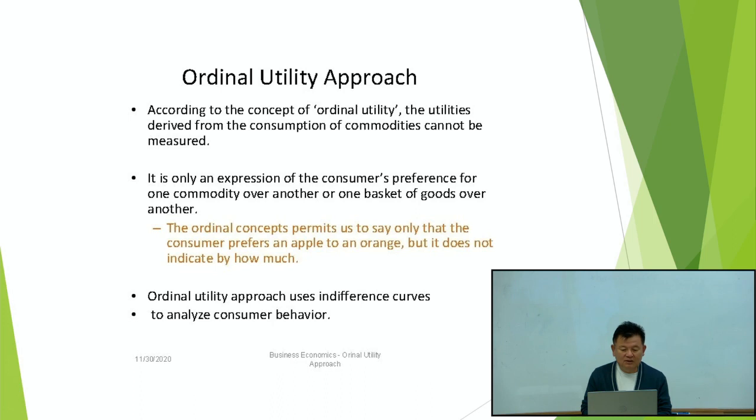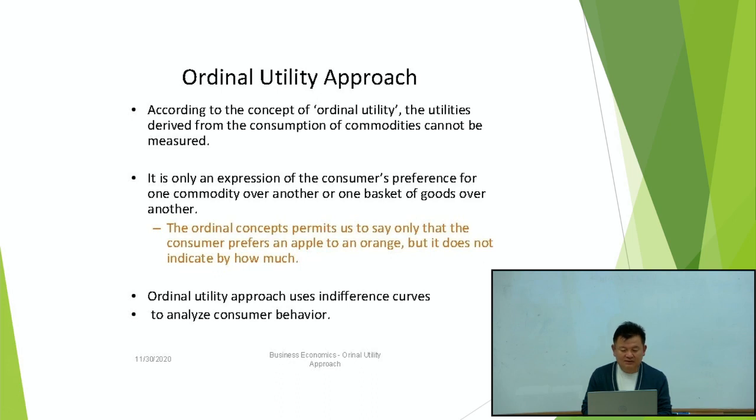So it is only an expression of consumer preference. Ordinal means the preference order for one commodity over another, or one basket of goods over another. This is ordinal utility.